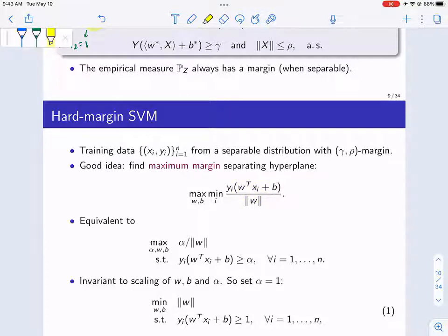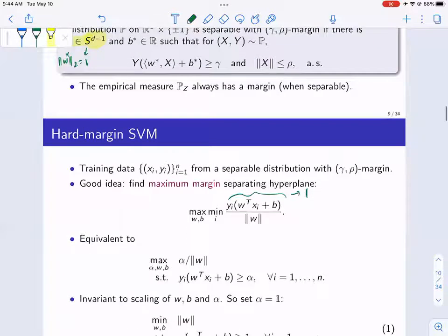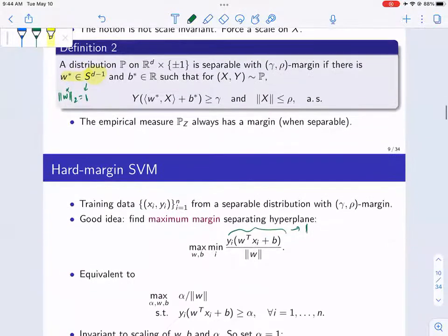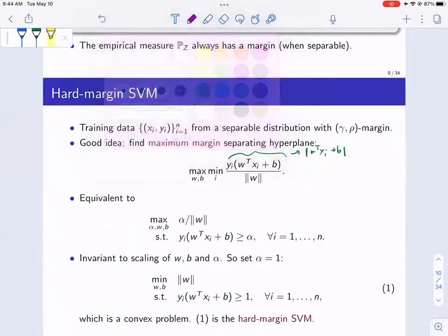You recall that y_i times this is going to be positive, so this is similar to the absolute value. This quantity is the same as the absolute value of W transpose x_i plus b. So the minimum over i is the margin for this data set.